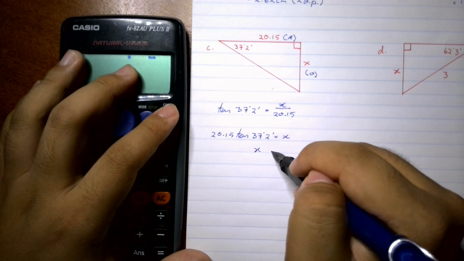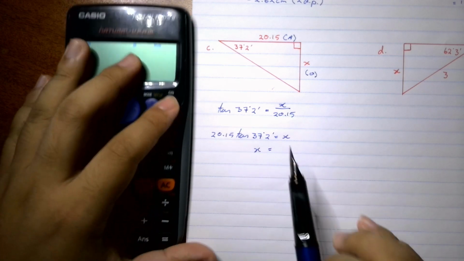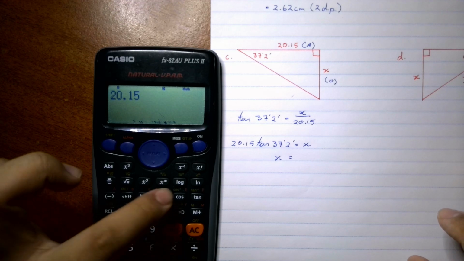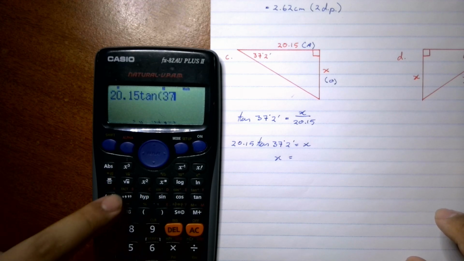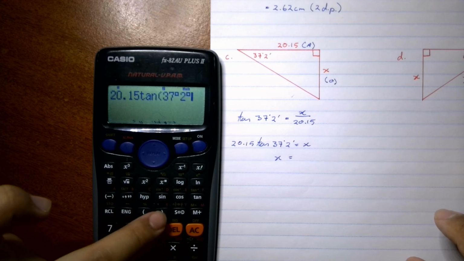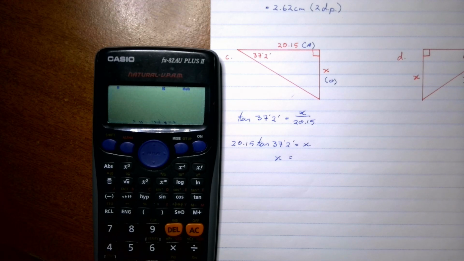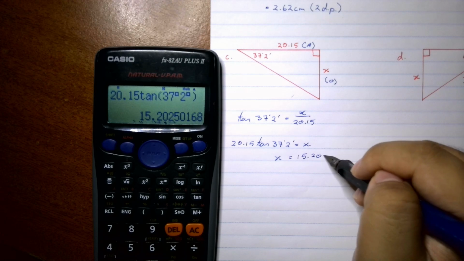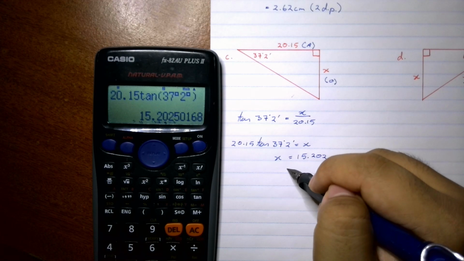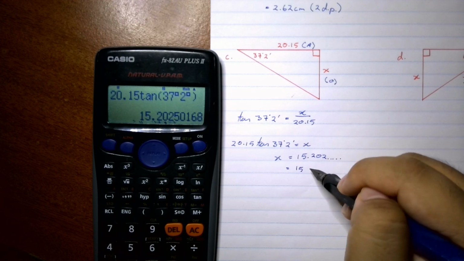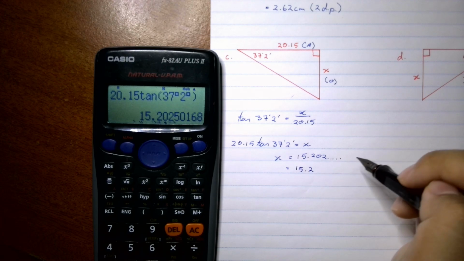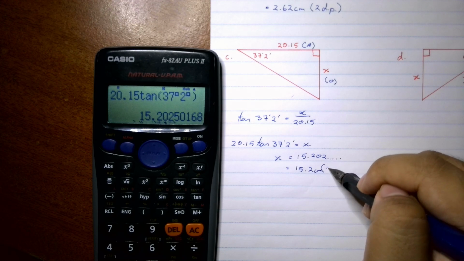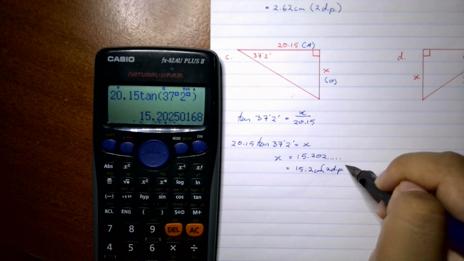X is equal to, inputting our value there, 20.15 tan 37 degrees 2 minutes is equal to 15.202, which rounds up to 15.2. You don't need to put the 0. That's in centimeters, at 2 decimal place values.